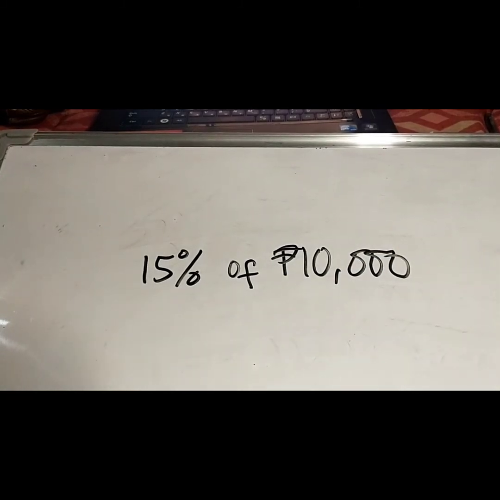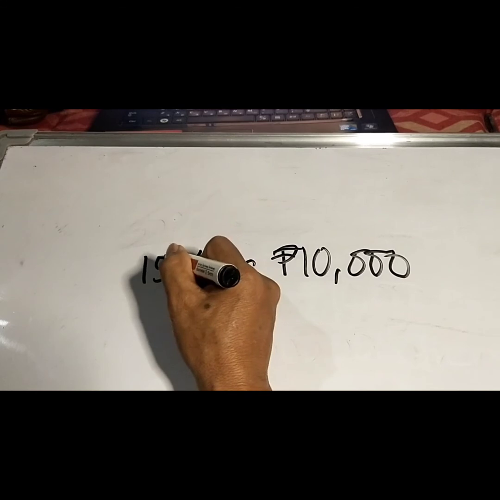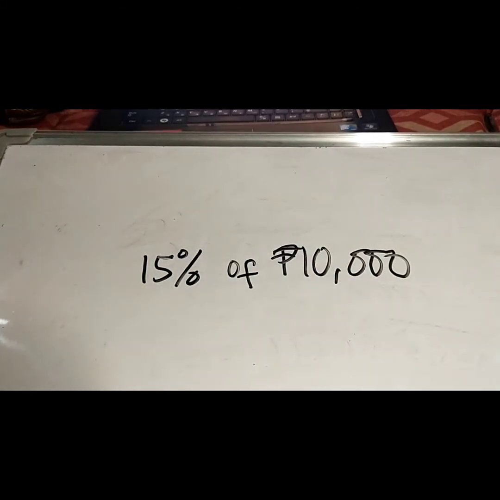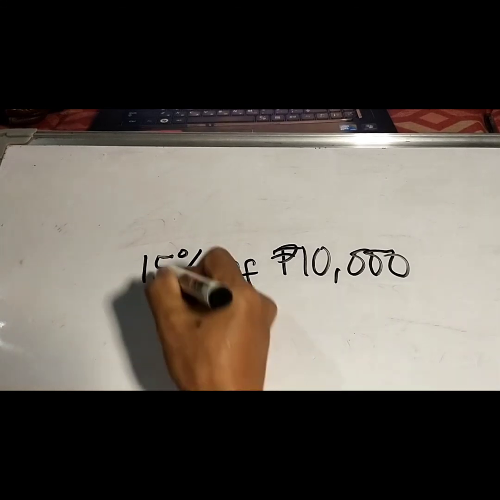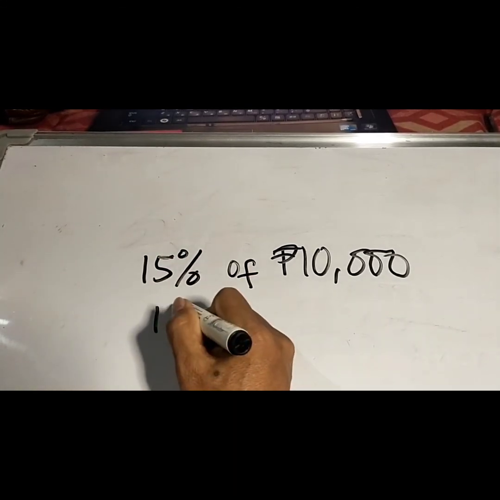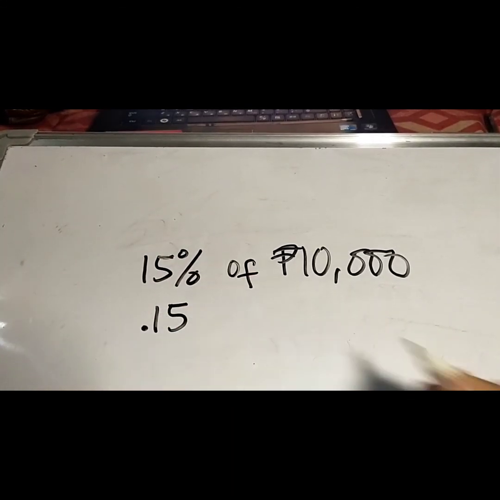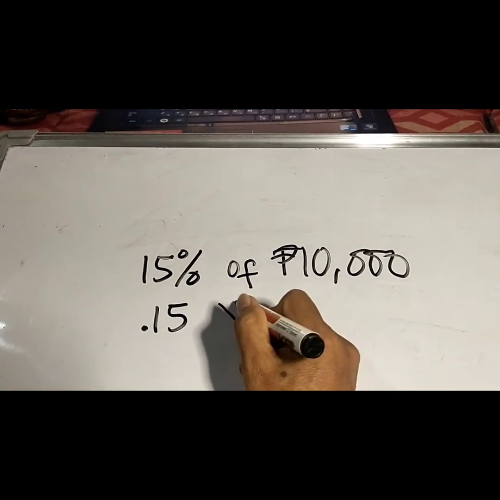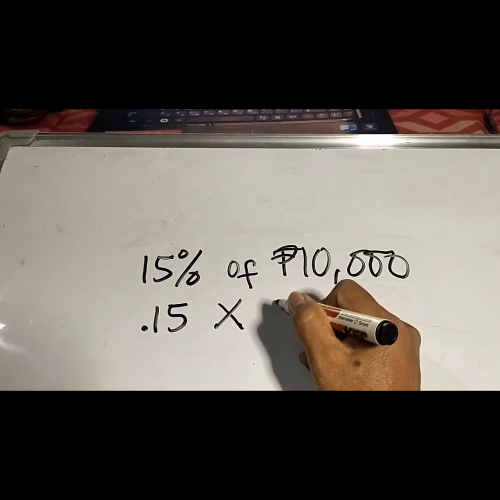What is savings? Savings is what the family sets aside for special needs in the future. Okay, so we will compute now. 15 becomes 15 hundredths or 0.15 when changed to decimal. Then multiply again to 10,000.